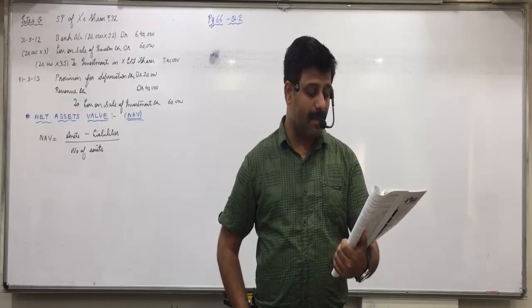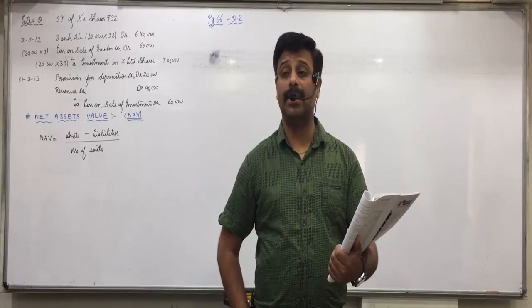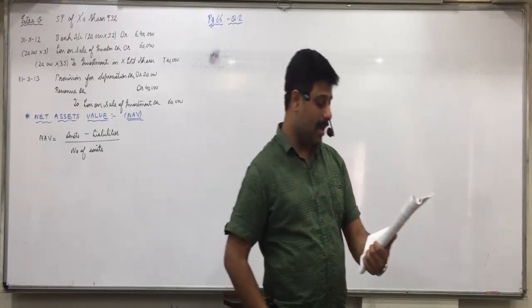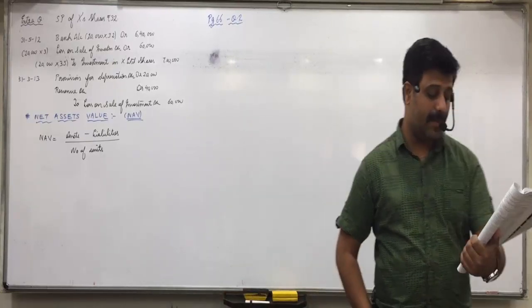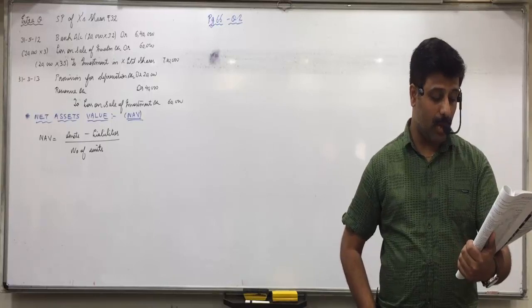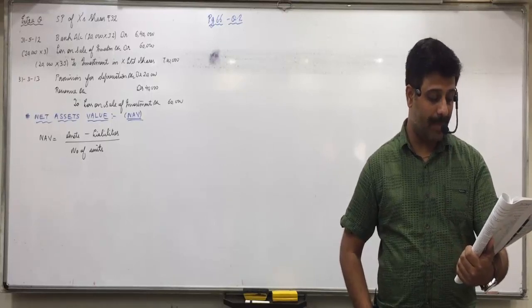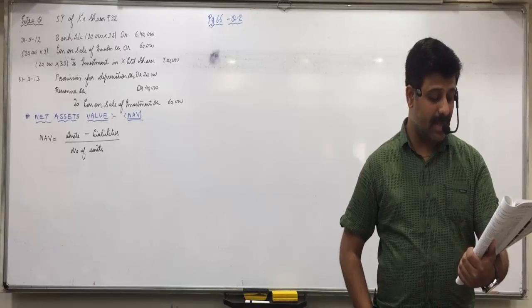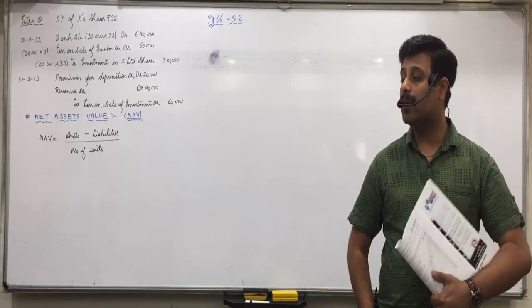Receivable and accrued income are also assets, amounting to rupees 2 crore and 3 crore respectively. The liabilities, including accrued expenses, amounted to 2.5 crores.